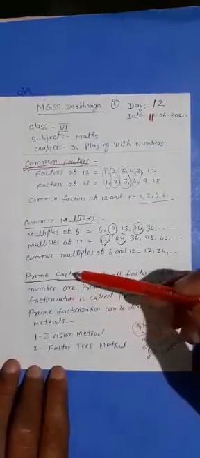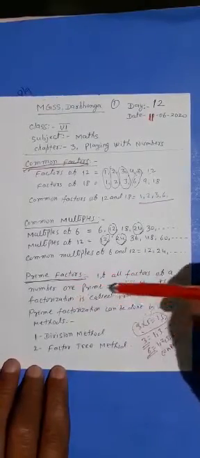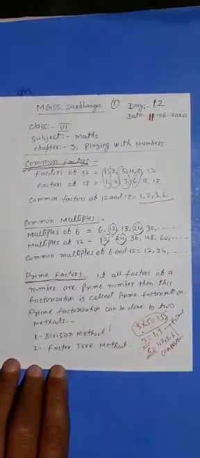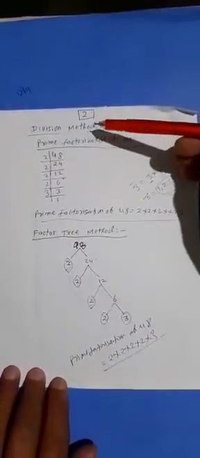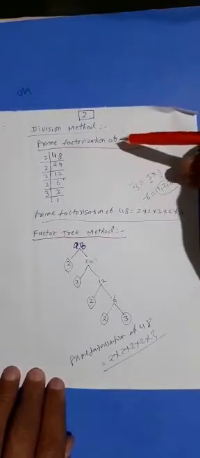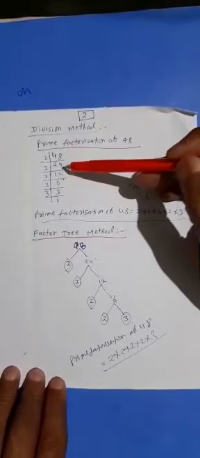Here we can find prime factors, or we can do prime factorization, by two processes. One is the division method and the other is the factor tree method. We have already read it, but here once we have to revise. By the division method we have to find the prime factorization of 48. 48 divided by 2 is 24.